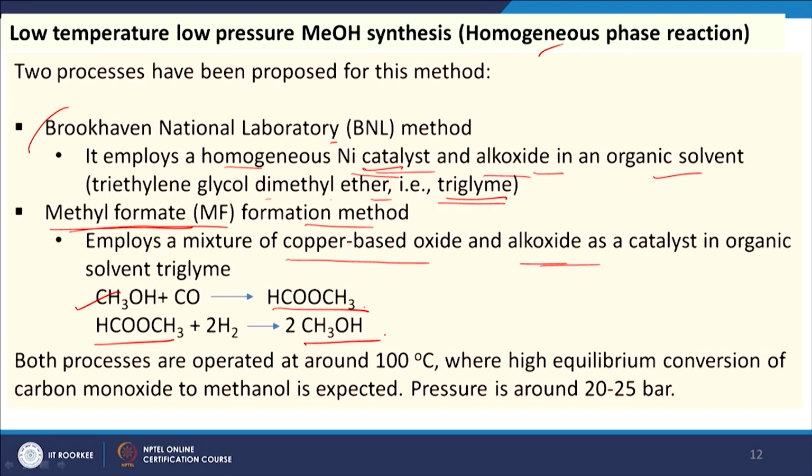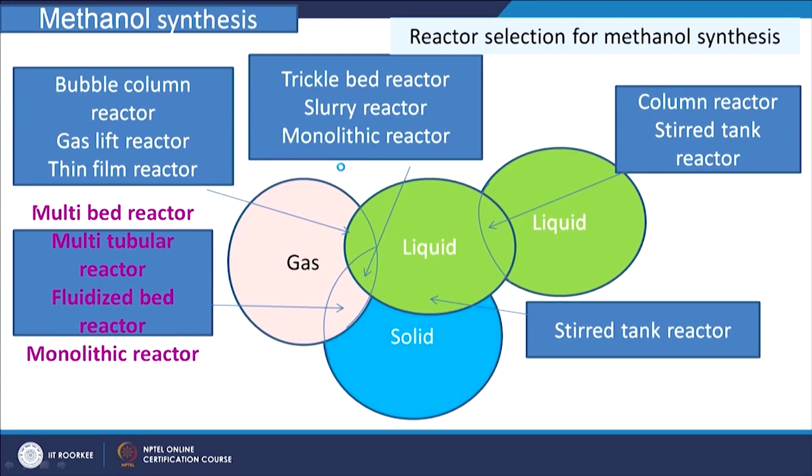Both these processes require around 100 degree centigrade and 20 to 25 bar, unlike 60 to 80 or 90 bar or somewhere 200 bar; here we are getting it at 20 to 25 bar, and the temperature is also lower, 100 degree centigrade. Now, it has been reported that if we can use a nanomaterial based catalyst, then this performance can be further increased, but this is at the development stage and not at commercial scale.